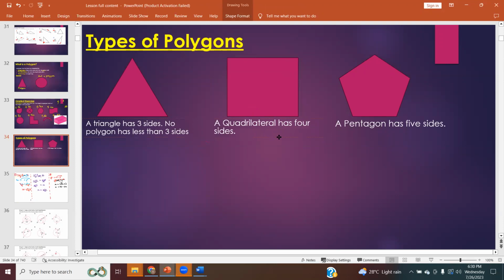No one? A cupcake. A cupcake is not exactly a pentagon. It's close, it's approximate. Anyone else want to try?